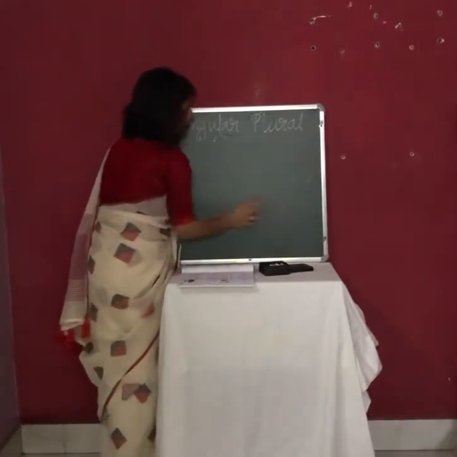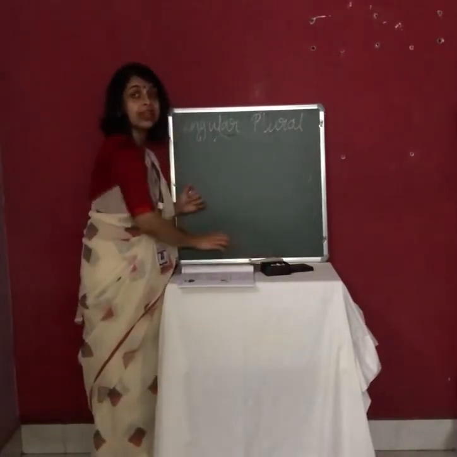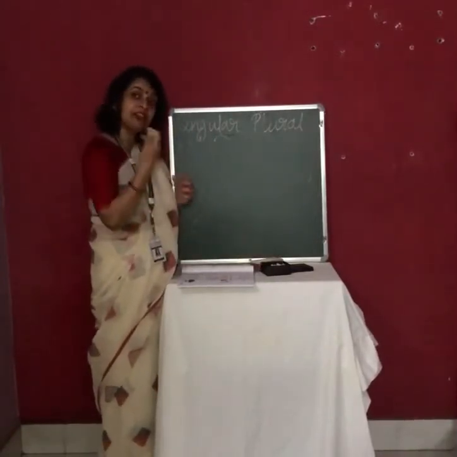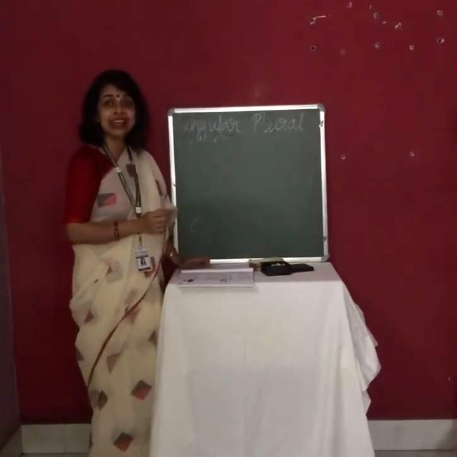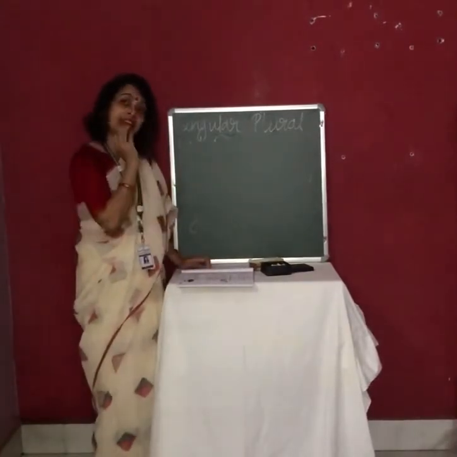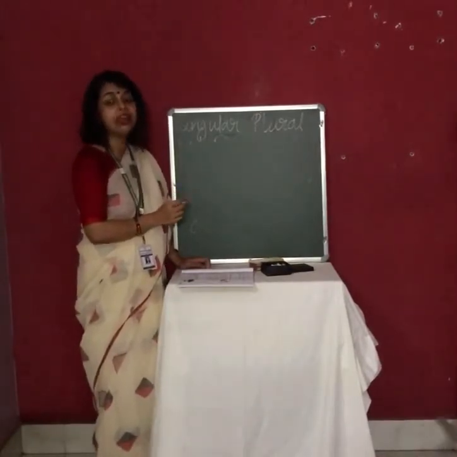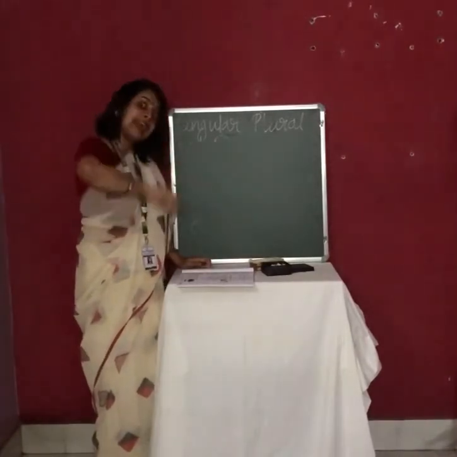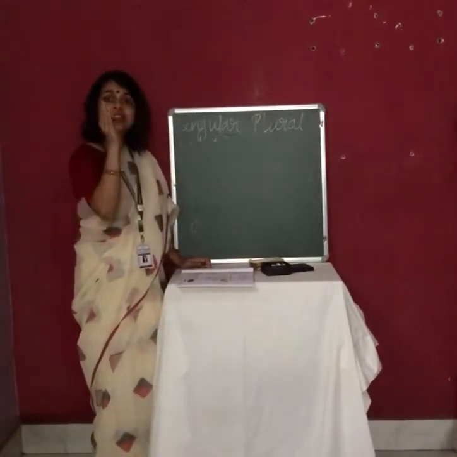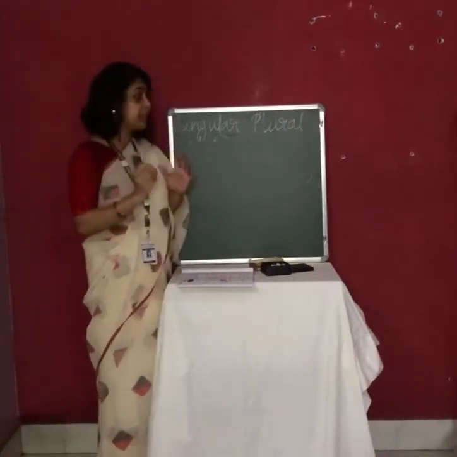The first one was just by adding S. The other one was adding ES after the H. The other one was adding VES after F. Again, there are some exceptions like roof, and chef also, C-H-E-F-S when it becomes plural. So you see, these are all exceptions. VES does not replace the F.